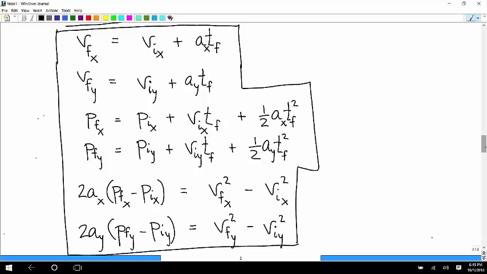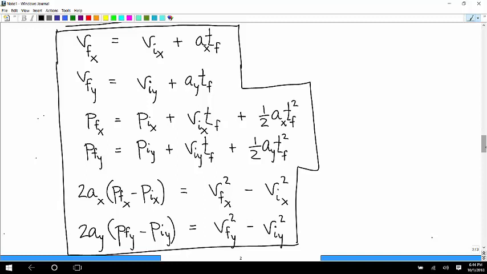Directional variables occur in pairs, an x and a y component. And the bad news is that there's no defined relationship between the x and y components of a variable. So knowing the x component of the final velocity doesn't tell us anything about the y component of the final velocity. But there's one thing that crosses over between these x equations and these y equations.